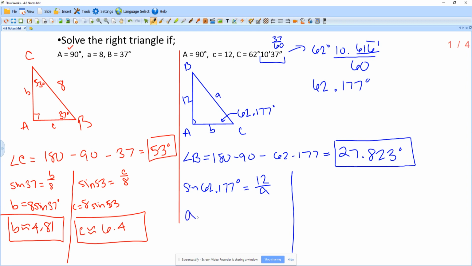That means A is equal to 12 over sine 62.177. And if I do that, I get 13.569. Sorry, 13.569. I can't read my own handwriting.